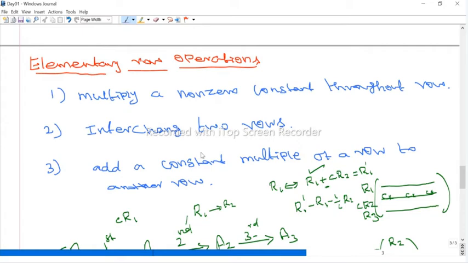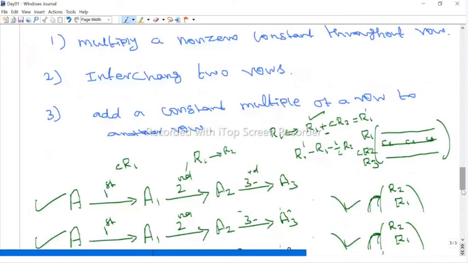That is a finite sequence of elementary row operations, and that is row equivalence. So when two matrices are row equivalent, we can obtain one matrix from the other by applying a sequence of elementary row operations. So this is a definition.